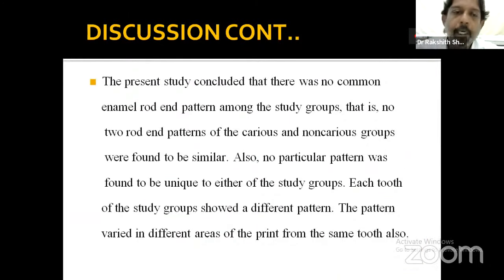So what we did was the present study. All the 90 patients which I got in, especially the 30 males and females, and the 30 parent and child pairs, our study was pretty successful and we got a good result. The previous study concluded there were no common enamel rod end patterns among the study group.